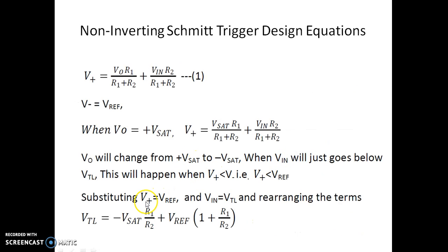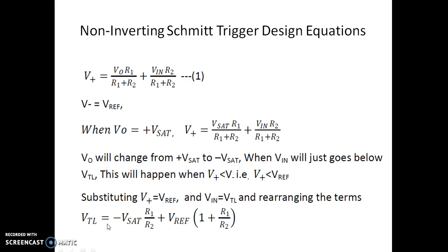So substituting V plus as V reference and Vin as VTL, because this lower threshold voltage we are finding is for the input, we get the expression as VTL is equal to minus Vsat R1 by R2 plus V reference into 1 plus R1 by R2. This is a very simple rearrangement you have to make in this expression by substituting V plus and Vin as given over here. So this is the VTL expression.